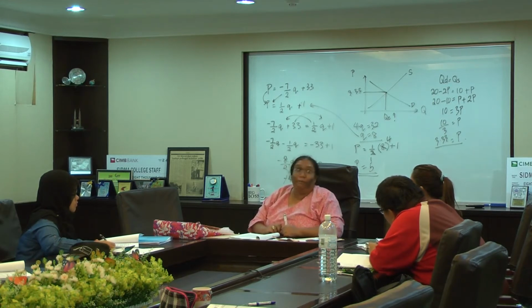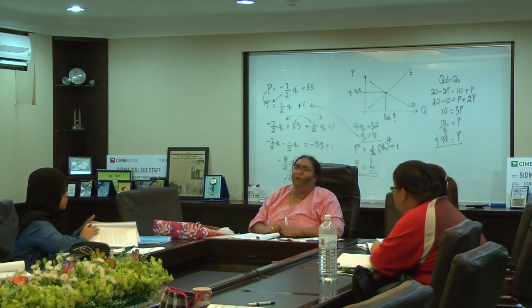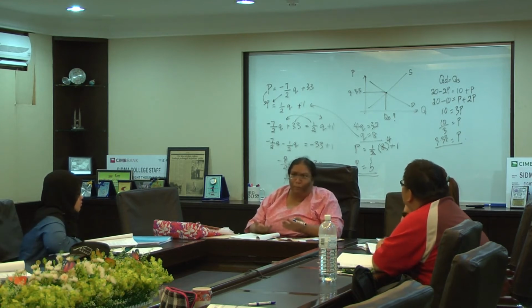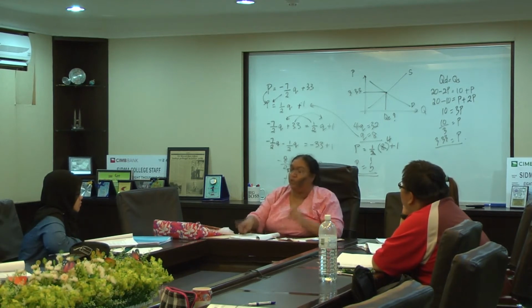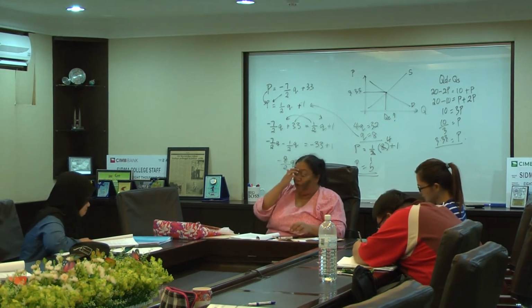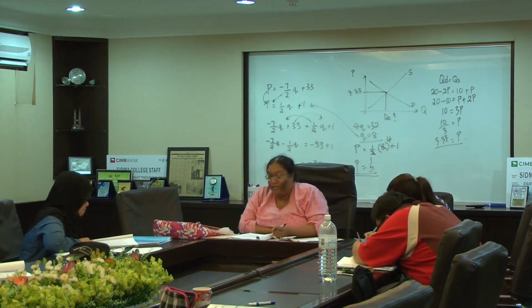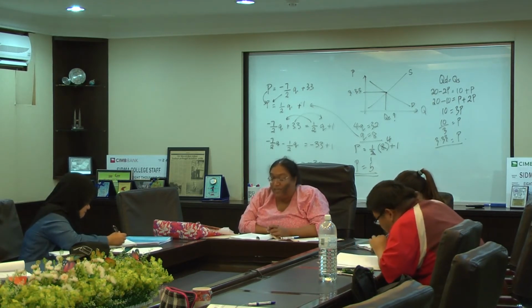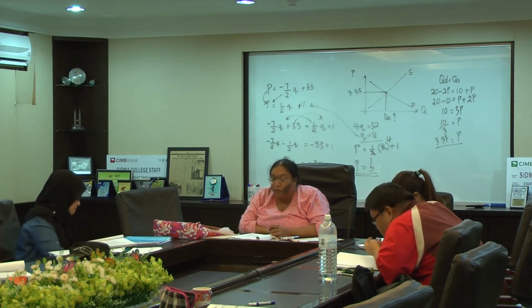But some people don't care about the price of petrol. They want to drive the 4.0, they will drive it, who cares. So this is two different goods. This is cross elasticity.